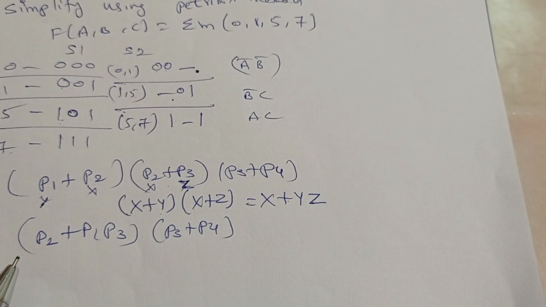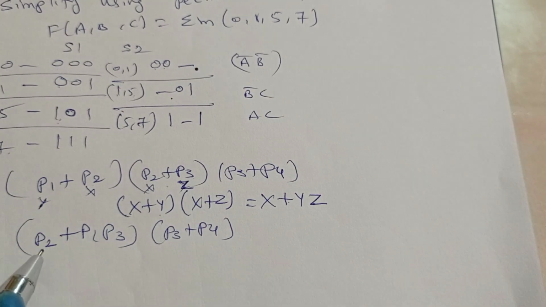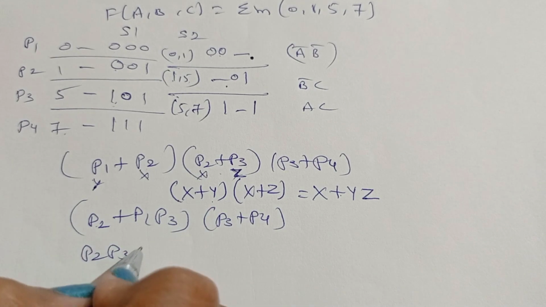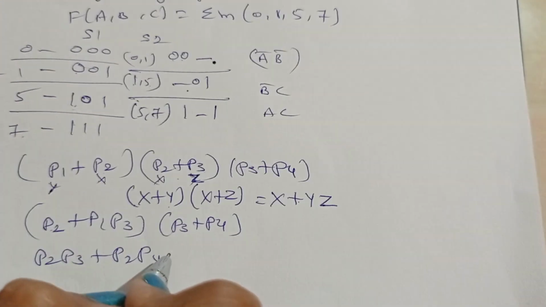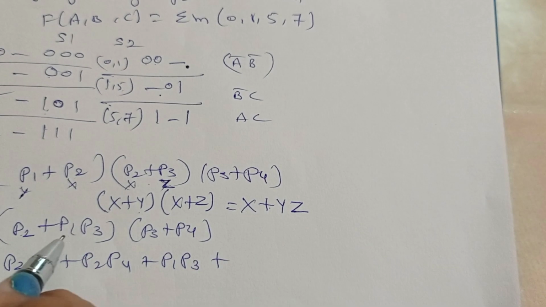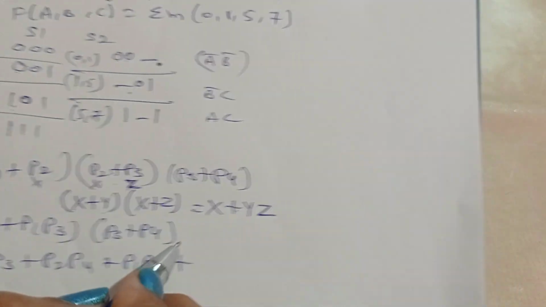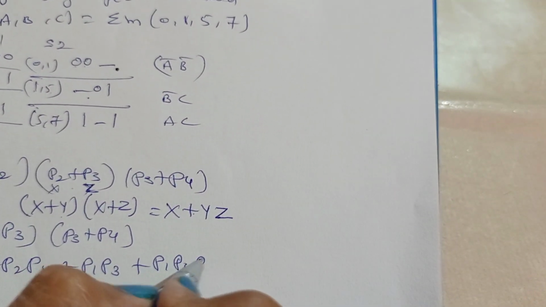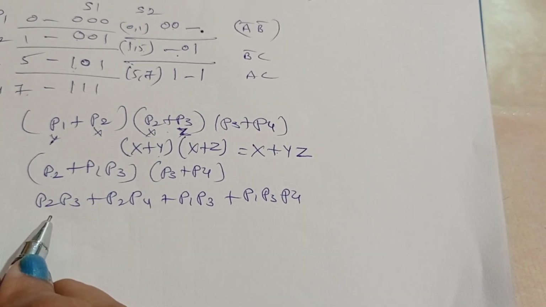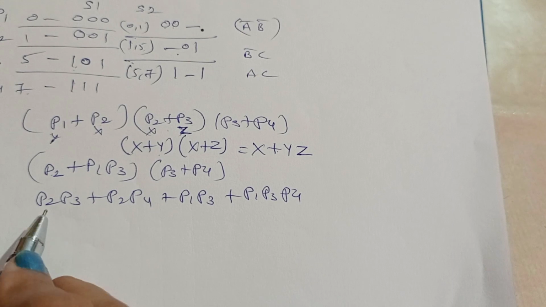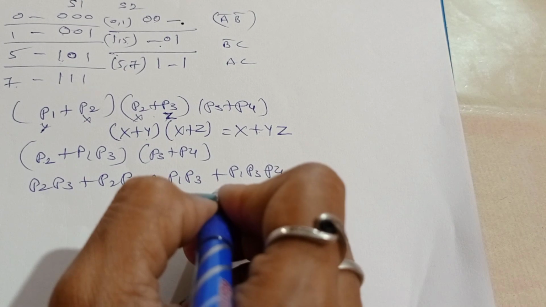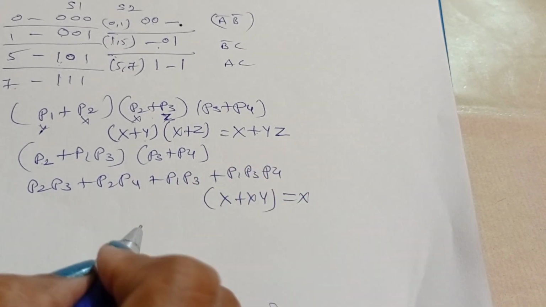Now when we multiply this, that is P2 with P3, next P2 with P4, plus P1 P3 twice, so P1 P3 we need to write only one time. Next P1 P3 P4. Now x plus xy is equal to x, so it is reduced.